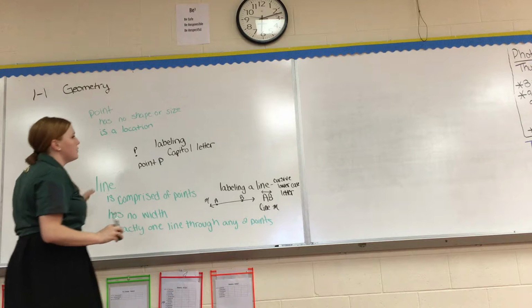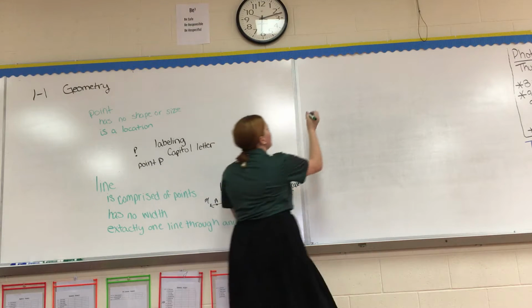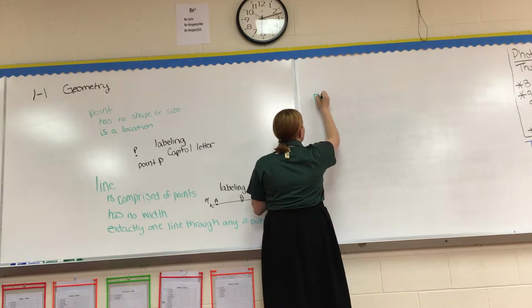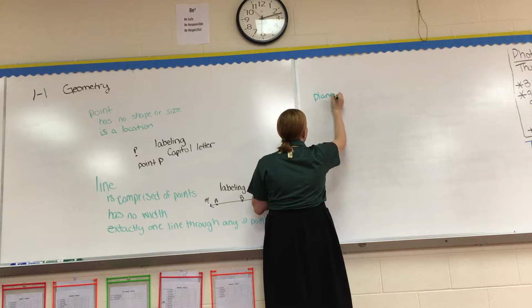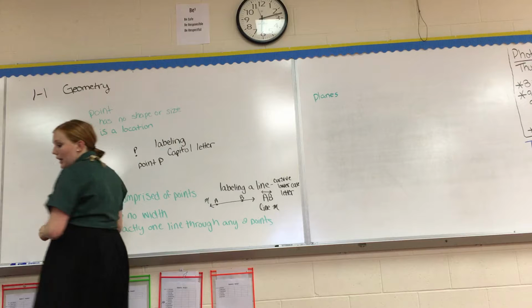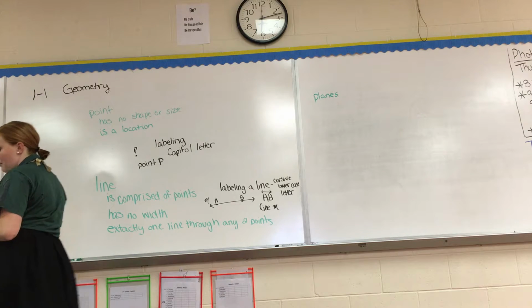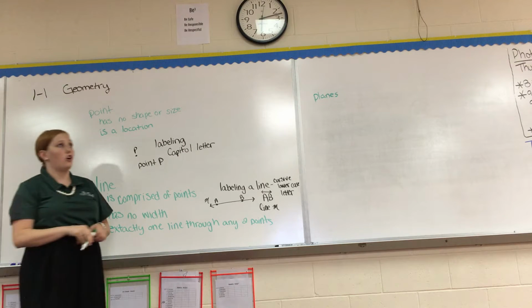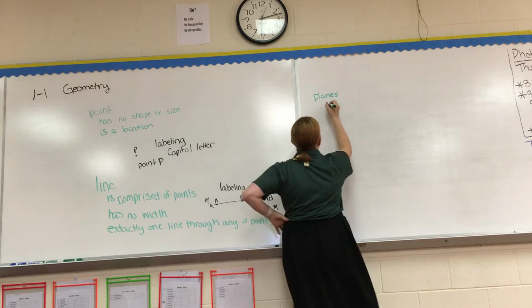Okay, now we have points and we have lines. What's next? Next is planes. A plane is a flat surface made up of points that extends infinitely in all directions. So planes are made up of points.